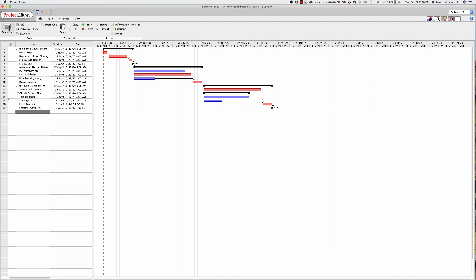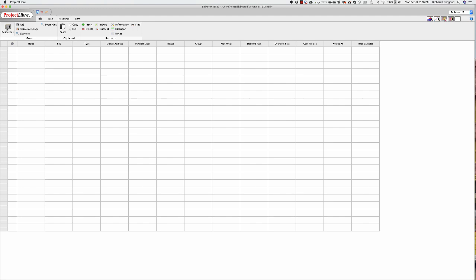So the first thing we're going to do is click on that left-hand item called resources. We haven't given this project any resources, people, materials, or anything like that. So let's start with a project manager, and we'll put that in.